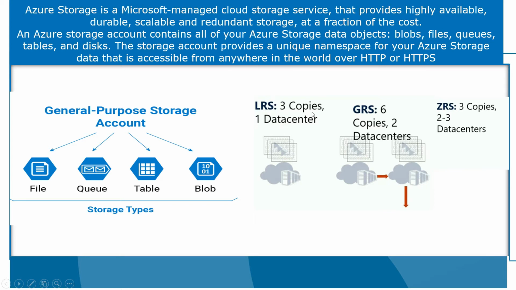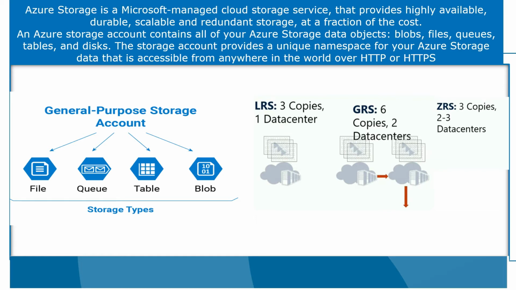LRS: three copies in one data center. If something happens to this data center, all the data will be lost. And in GRS, two data centers. If something happens to one data center, the other will work. And in ZRS, it has three copies, basically used on blob, and it works on two to three data centers. So you understand.